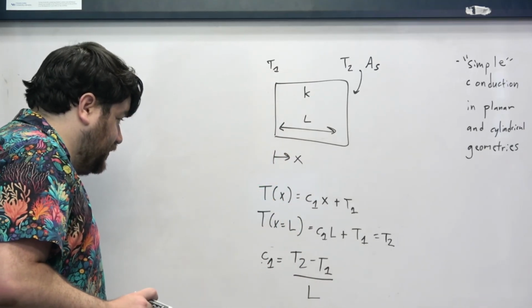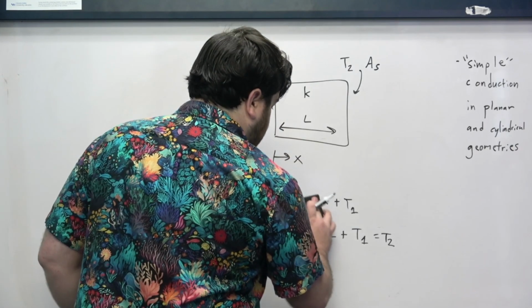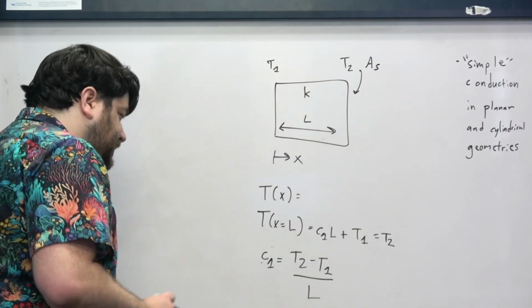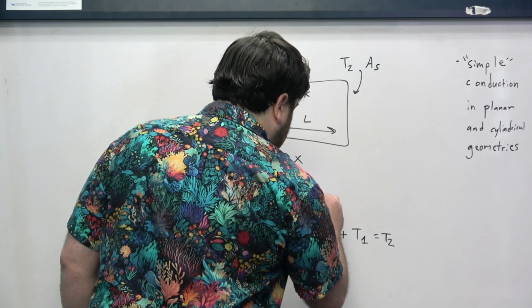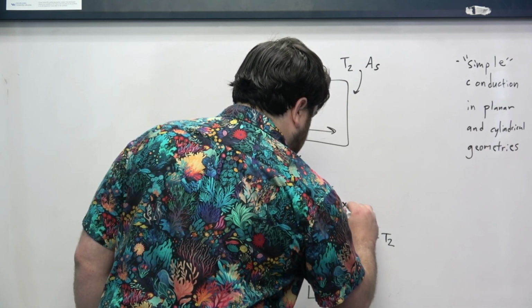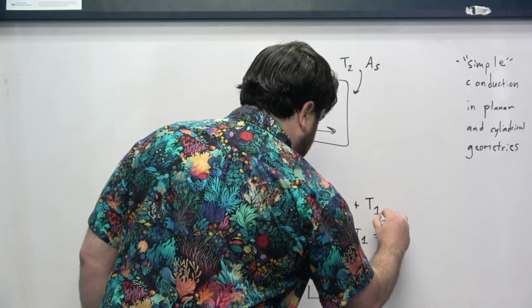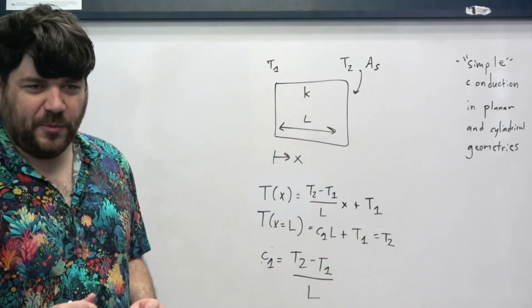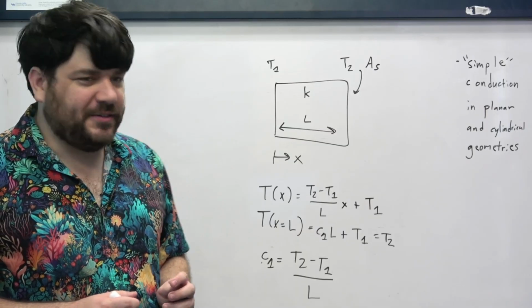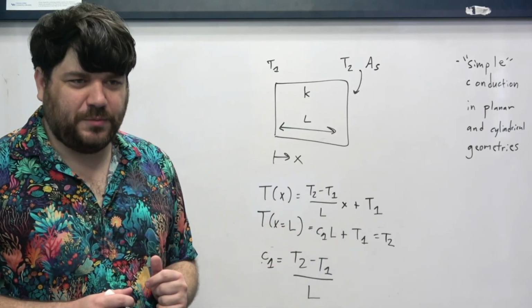All right, and so when we actually plug this in, we will obtain the following general expression for the temperature profile inside of a planar wall when all the assumptions that we've made are satisfied. All right, so this is the expression.